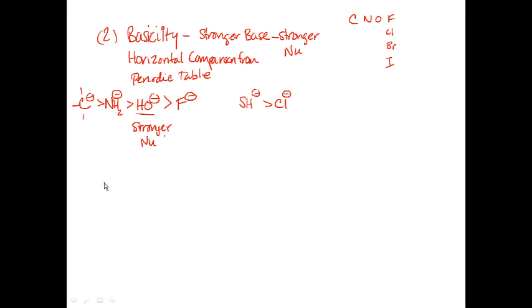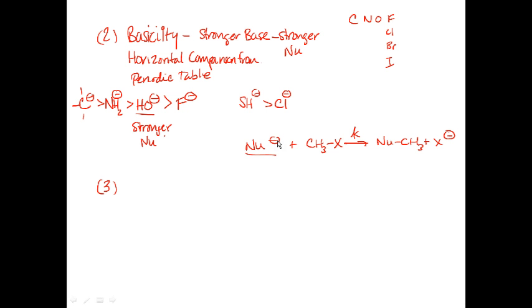But what people found was that when they determined the rate of the nucleophile, so in other words, if I have a nucleophile that is reacting with, let's say, CH3X to form the substitution product and the X minus leaving group, we could measure the rate of that reaction, and what they found was that when nucleophiles that were horizontally related on the periodic table were run, the rate increased based on which one was the stronger base.